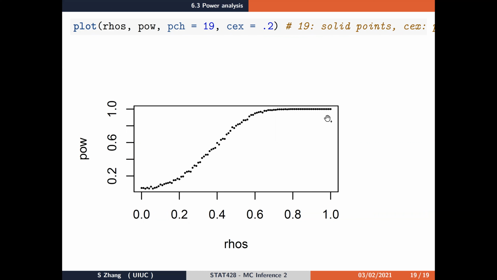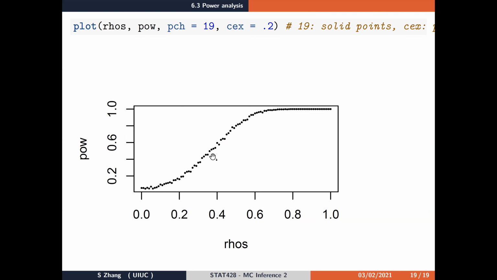So you can see that in this case, it seems like the power actually follows a smooth curve. There are some minor fluctuations, which are possibly due to the Monte Carlo standard error, because of the randomness of the Monte Carlo estimation. And from the power plot, we can see that when the correlation is around 0 between x and y, then the power, which is the probability of rejecting the null, is probably somewhere close to 0.05.